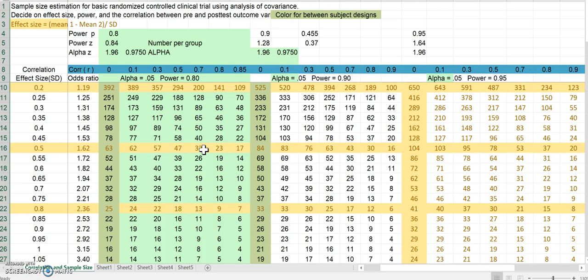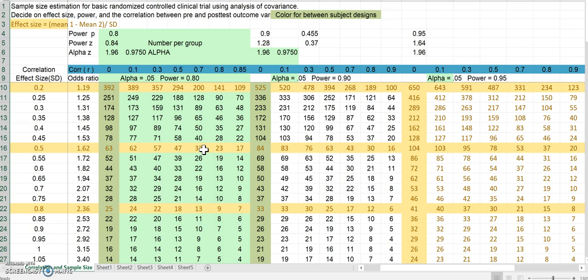So effect size is an interesting thing. Sometimes we get variables. So let's say our mean IOP is 18 in a control group, and in a literature review we see that the standard deviation is 6. So mean of 18 with a standard deviation of 6.